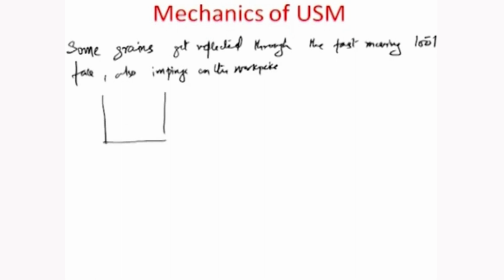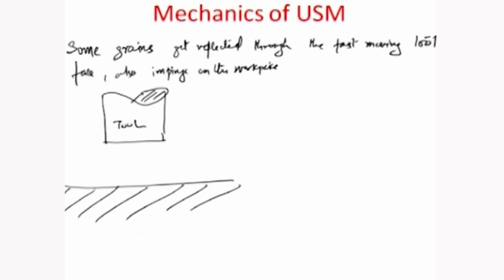So let us say this is the tool, and this right here is a workpiece, and there is a grain, there is an abrasive grain, which because of the motion imparted by the slurry goes and strikes the tool in this particular direction, okay, coming out of it in this direction, and we will have to somehow predict what is the maximum reflected velocity.